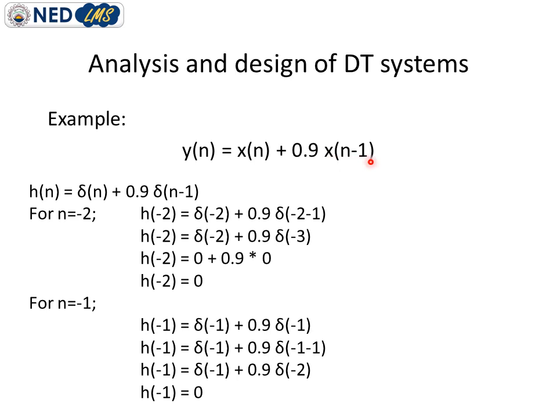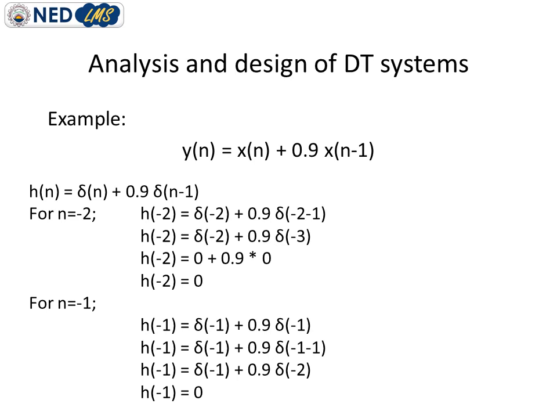As we can see, the maximum possible delay in this equation is a 1 unit delay, so we can start our calculation by considering n is equal to -2. By placing n is equal to -2 in the above equation, we will get this equation.